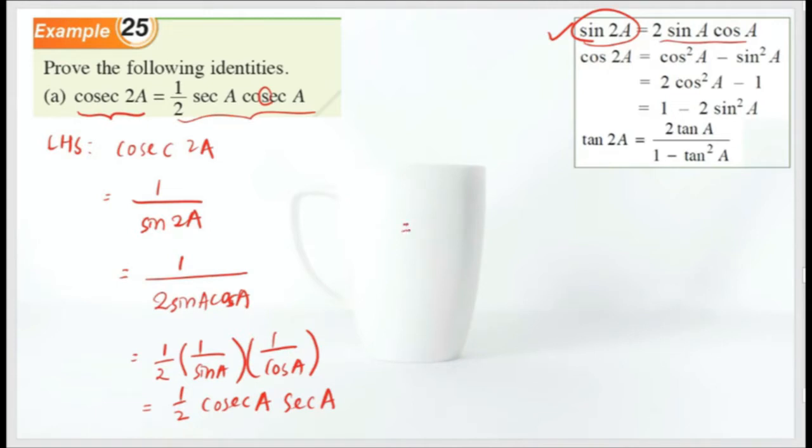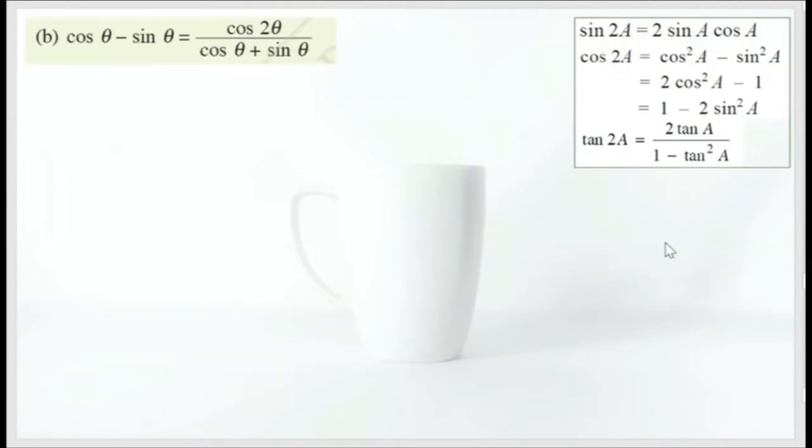So the answer is 1 over 2 sec A cosec A. So we have proved it, from left-hand side to right-hand side. It's easy, right?